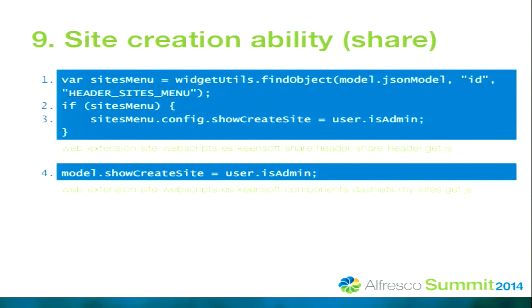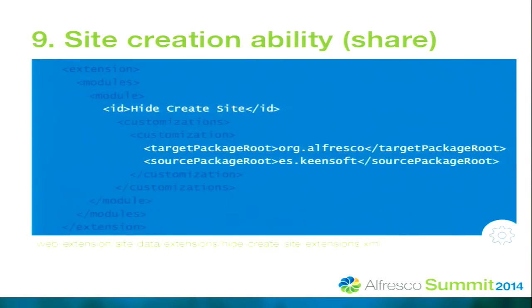So we can go to the third part, extending the header. This is just the iCow technique. This find object is from iCow, and we can say that sites will be created only by administrators. And the other one is a dashlet, and we can override this dashlet to do the same thing.